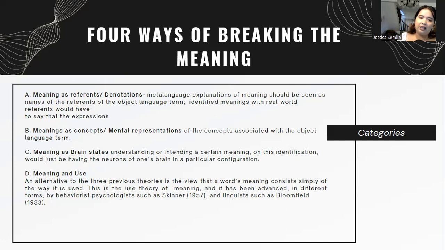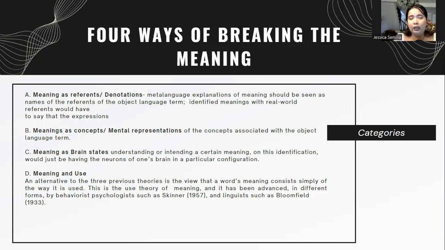Another one is meaning and use. Meaning and use is more of looking into how it is utilized. So, for example, you try to correlate the words with his actions. That is what we mean by meaning and use. You try to look into or create meaning based on the word being said.